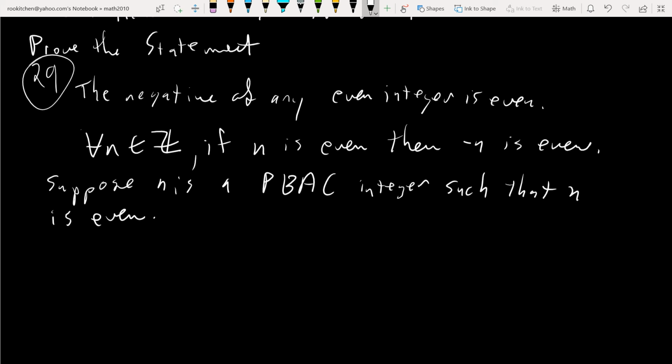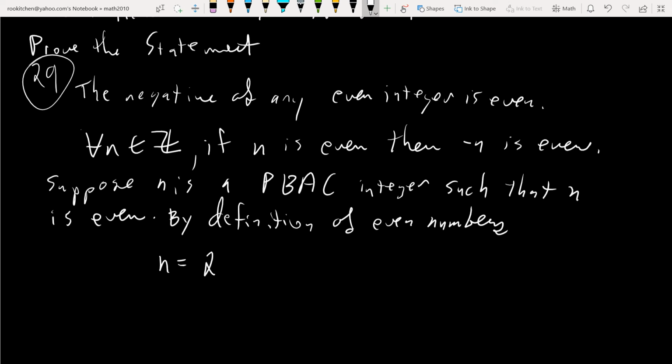We can bring that fact into existence. That's existential instantiation, is what the book calls that. Okay, so we use the definition to rewrite n. And our definition said that when a number is even, then it's equal to 2 times some other integer. So we note k is an integer.